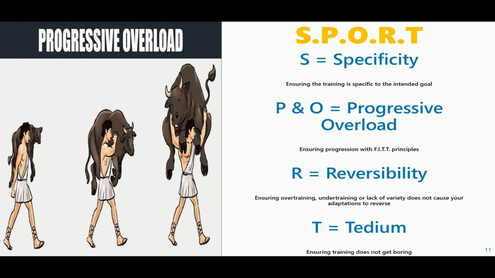And of course, whilst on paper it might be important to improve on the FIT principles week on week on week, of course it's important to understand variables such as overtraining, lifestyle, nutrition. So many other factors are at play. What we're trying to achieve with progressive overload is a continual progression over a period of time.